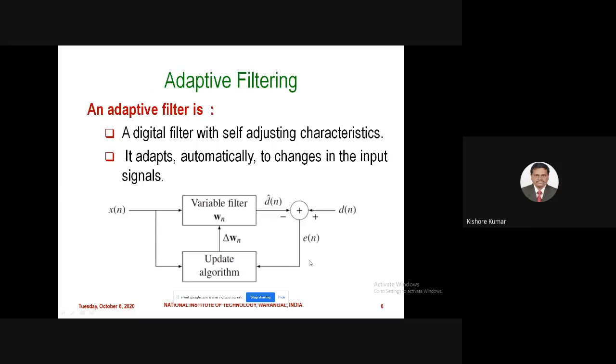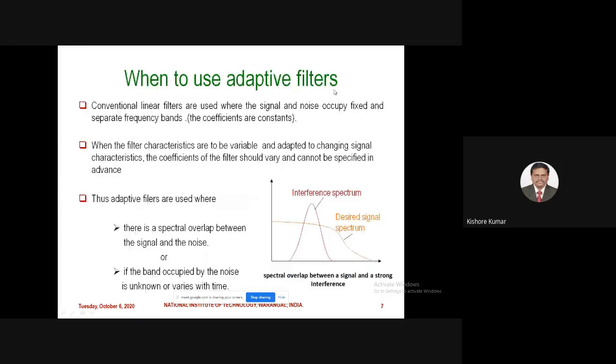So when to use adaptive filters? Conventional linear filters, that is, conventional IIR and FIR filters, are used where the signal and noise occupy fixed and separate frequency bands.